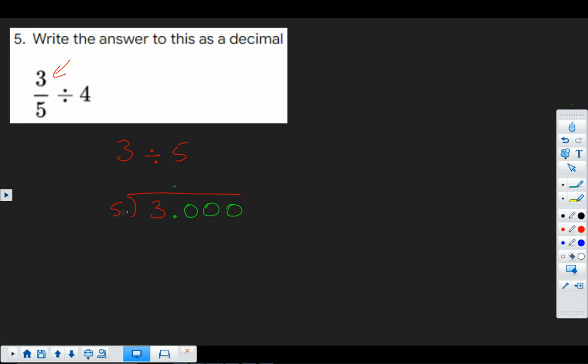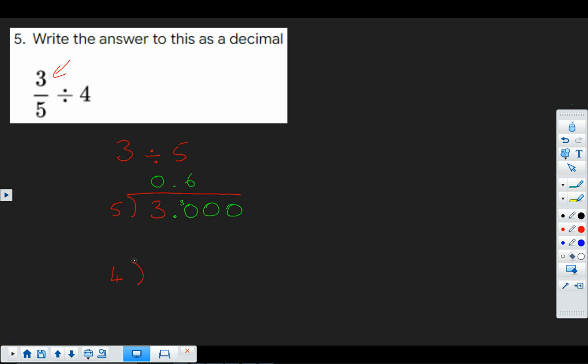So how many 5s go into 3? The answer is none, with a remainder of 3. So we've now got somewhere for our remainder to go. How many 5s go into 30? The answer, 6. So there we have our answer, 0.6.